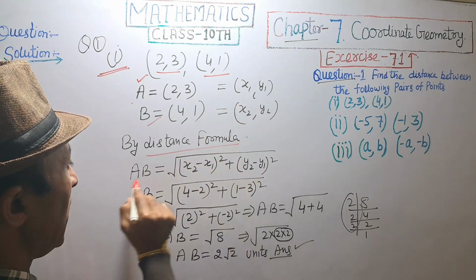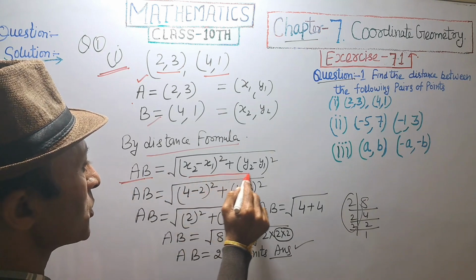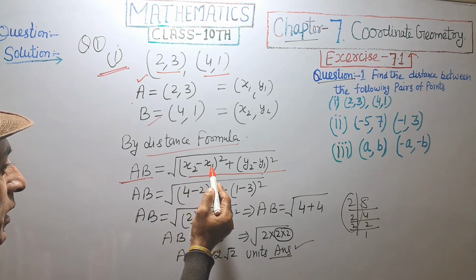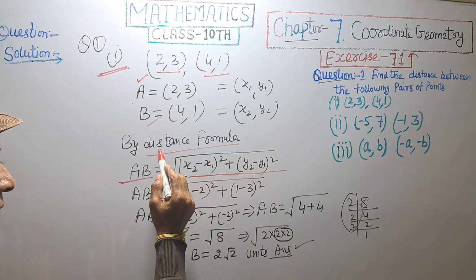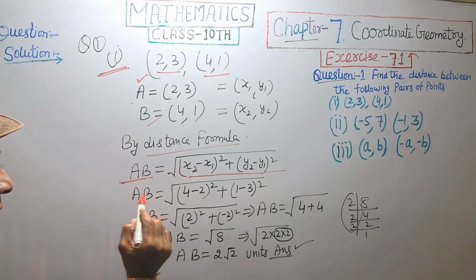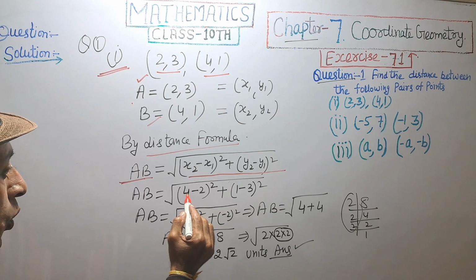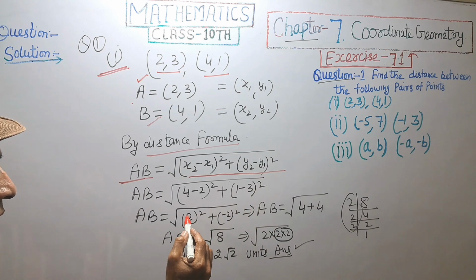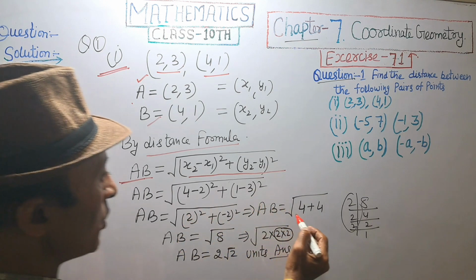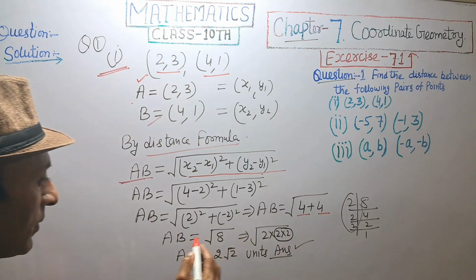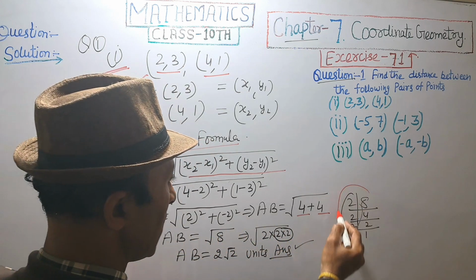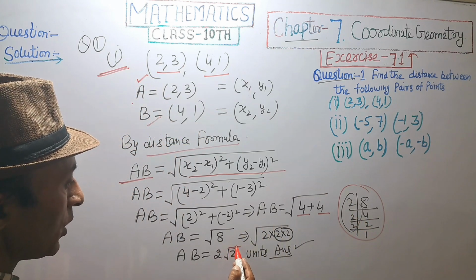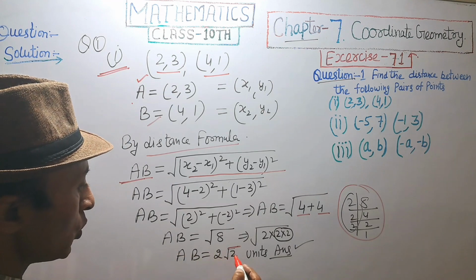By the distance formula, AB is equal to the square root of (x2 minus x1) square plus (y2 minus y1) square, which gives (4 minus 2) square plus (1 minus 3) square, that is 2 square plus minus 2 square. 2 square is 4 plus 4, that is 8. Factorize 8 as 2 into 2 into 2. Taking 2 common from the root, we get AB is equal to 2 root 2 units. Answer.